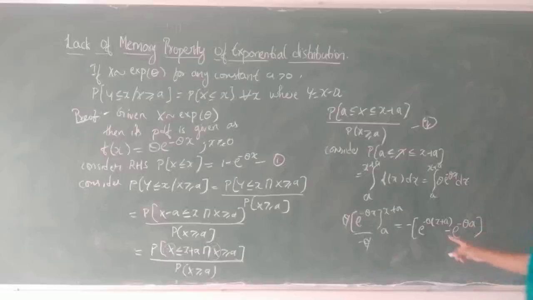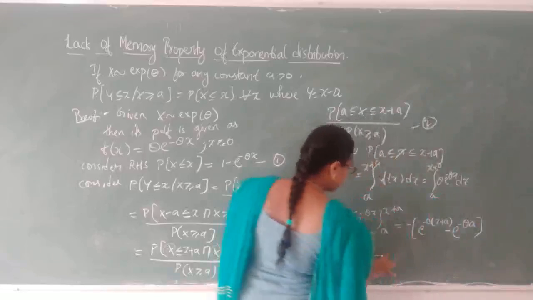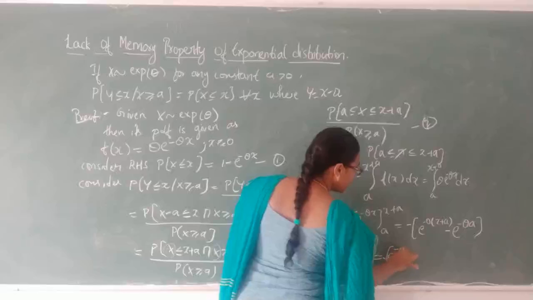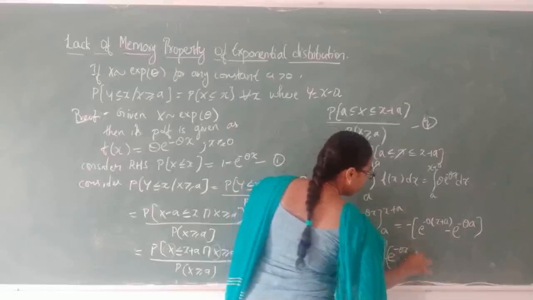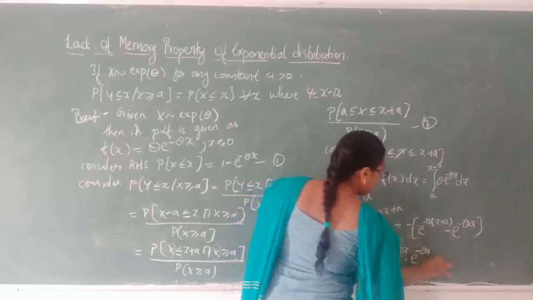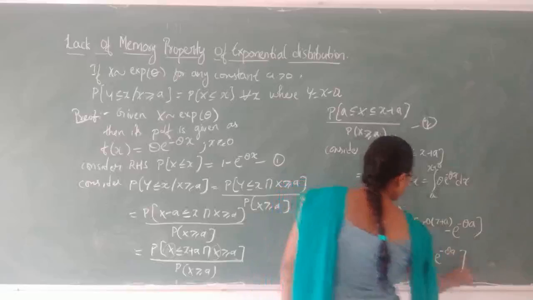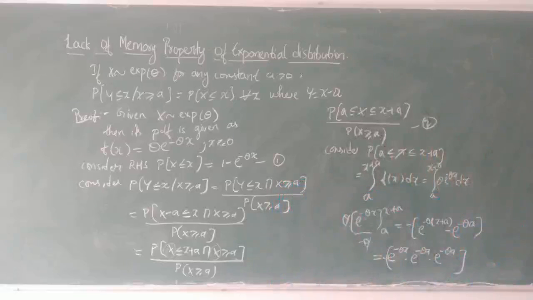Now this can be written as minus into e power minus theta x into e power minus theta a, minus e power minus theta a.